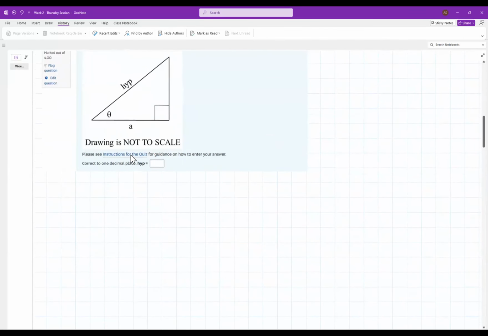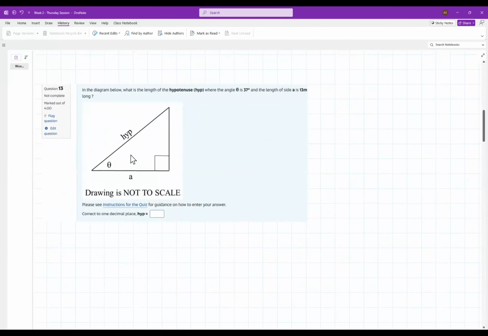Let's look at our second question for today. It is again trigonometry. So we have a right angle. This is the right angle. We have the adjacent to the angle theta, A, and the hypotenuse there.